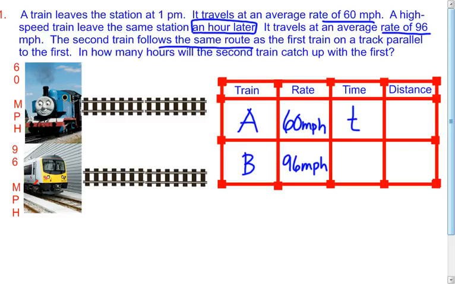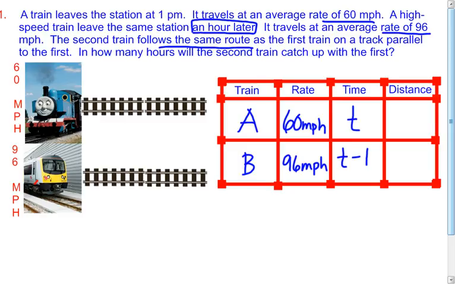It's going to take less time, okay? If it leaves an hour later, that means it's spending an hour less on the track than train A did. So I don't know how long train B traveled either, but I know it traveled however long train A traveled minus 1 hour because it got to wait an hour. So it will spend an hour less on the track.